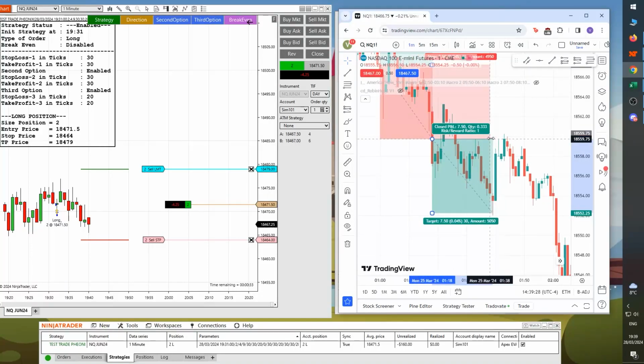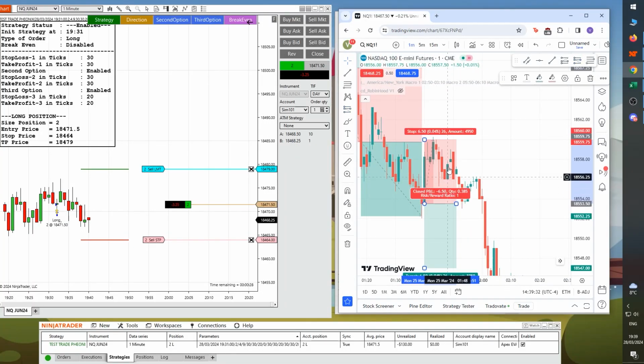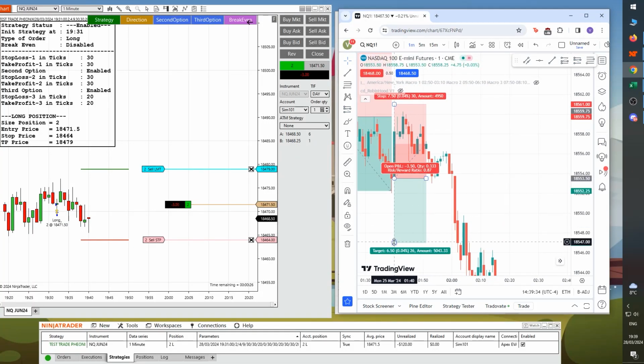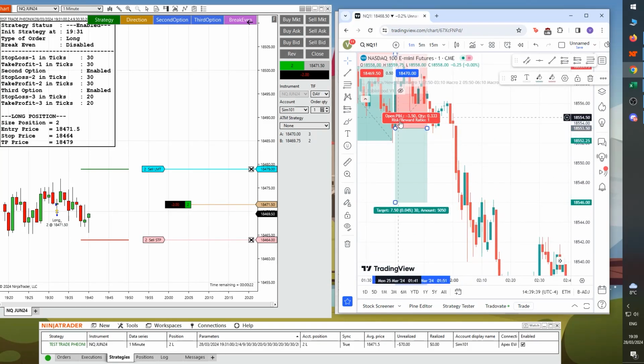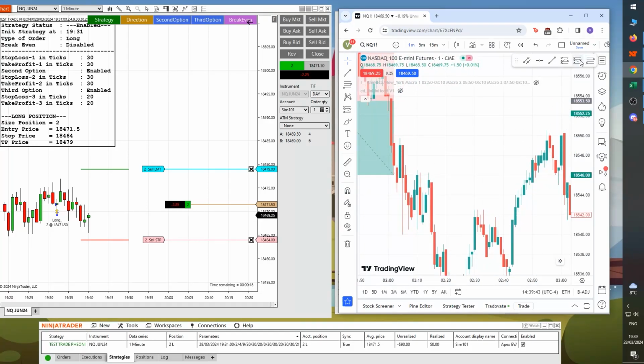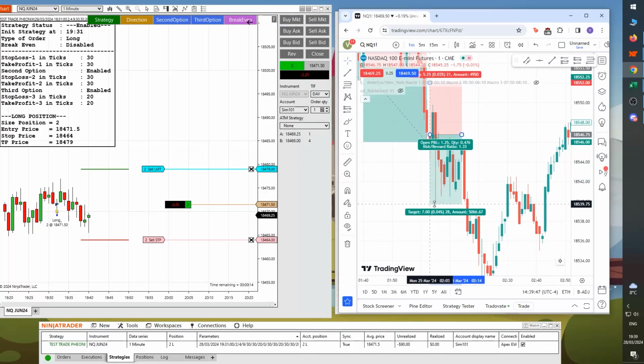Stop at this candle. Oh, I mean, enter the next candle, right? Next minute candle. Something like that, something along those lines.